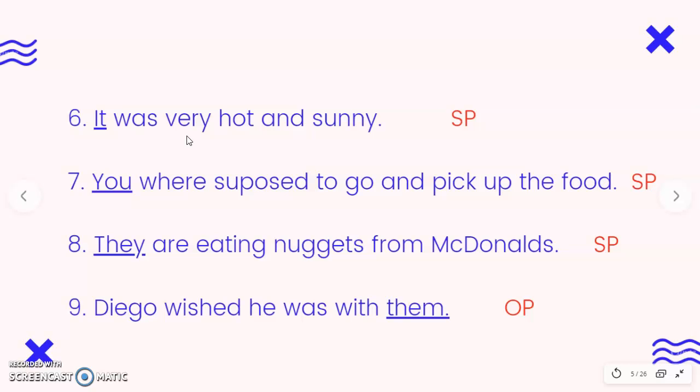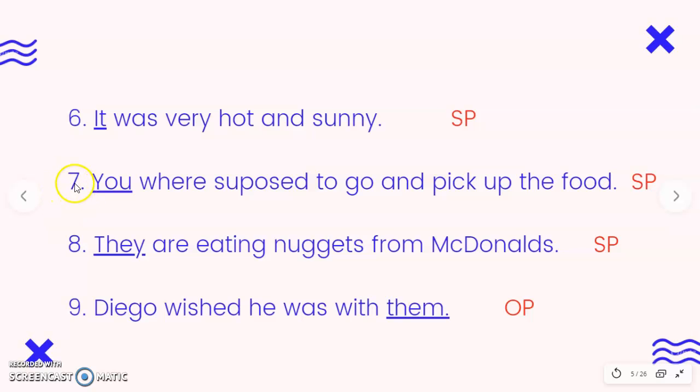After having our action verb, remember we're gonna ask ourselves if the pronoun is before the action verb or after the action verb. In this case, it is before. So that means it's a subject pronoun. Remember, with the words it and you, those are the tricky words where we need to ask ourselves, where is the action verb? If it is before the action verb, it's a subject pronoun. If it's after the action verb, it's an object pronoun.